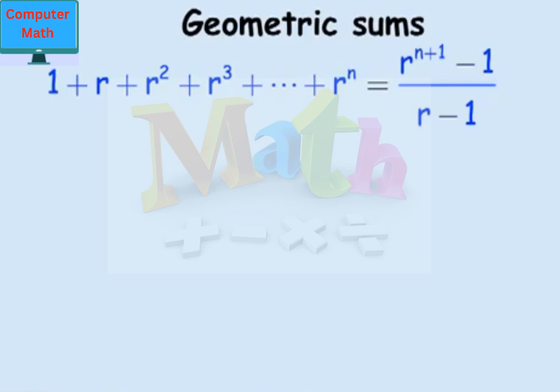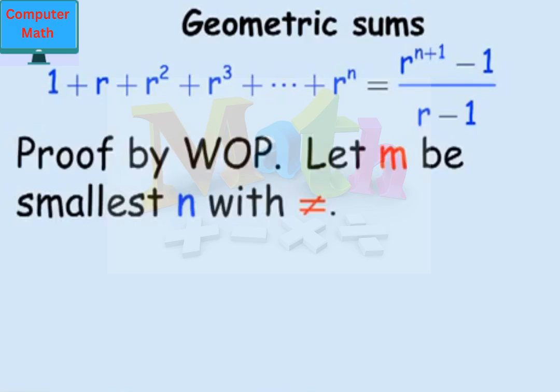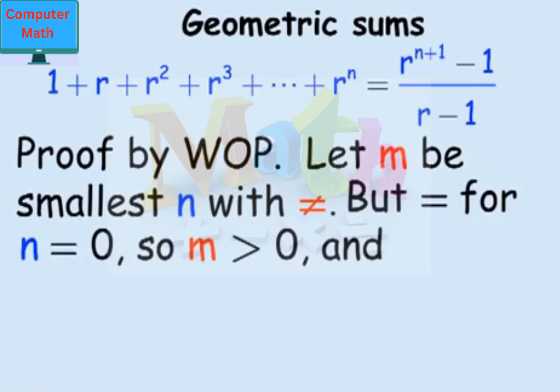Let's suppose that this identity didn't hold for some non-negative integer n. So we'll apply the well-ordering principle, and we'll let m be the smallest number n where this equality fails, where it becomes an inequality. Now, what I know about m immediately is that when n is 0, the left-hand side degenerates to just r to the 0, or 1.